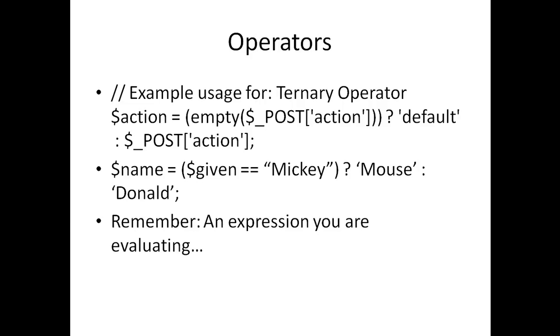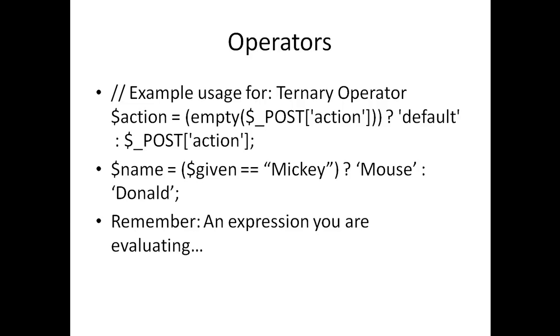This is basically saying, okay, the action equals, if, this is the way you read it, if post action, so if the action element of post, meaning what got posted in the form in this particular case, is empty, is another function, then set action equal to default, else action equals post action. So if it's not empty, set it there.